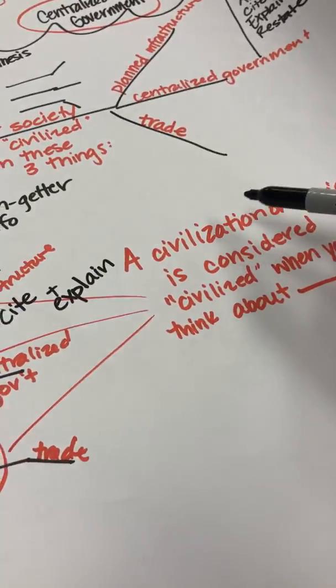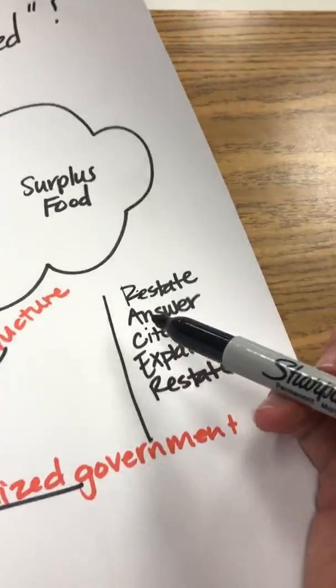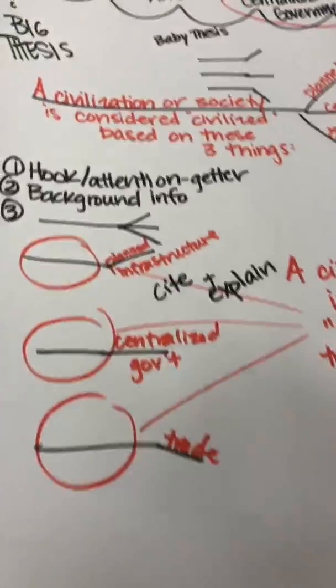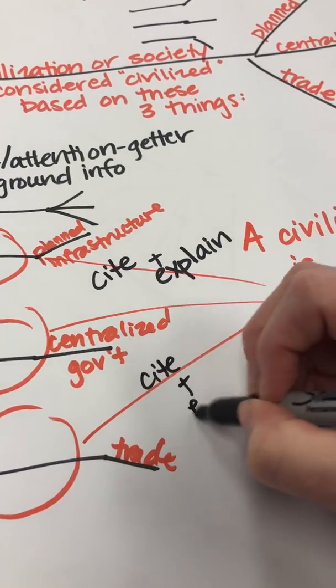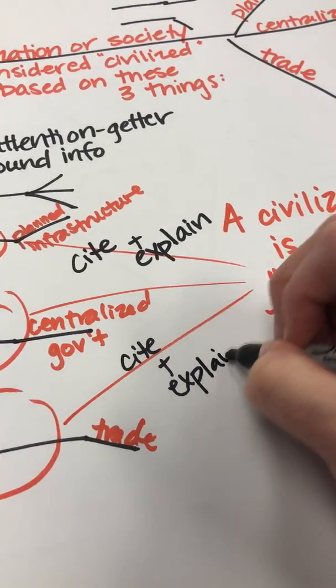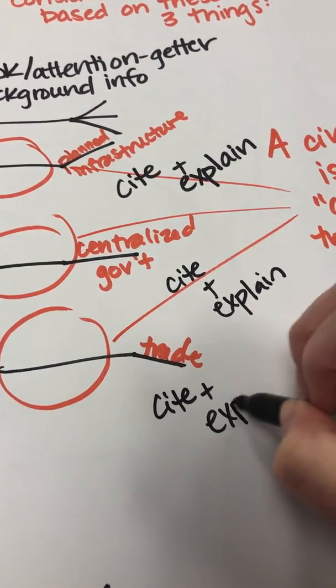So this is basically restating and answering, citing and explain. So restating and answering, citing, explain, and then you can restate it again if you want to, but you can save that for the conclusion. So again, you're gonna cite, explain. And then again, cite, explain. However many sentences you need to do that is fine.